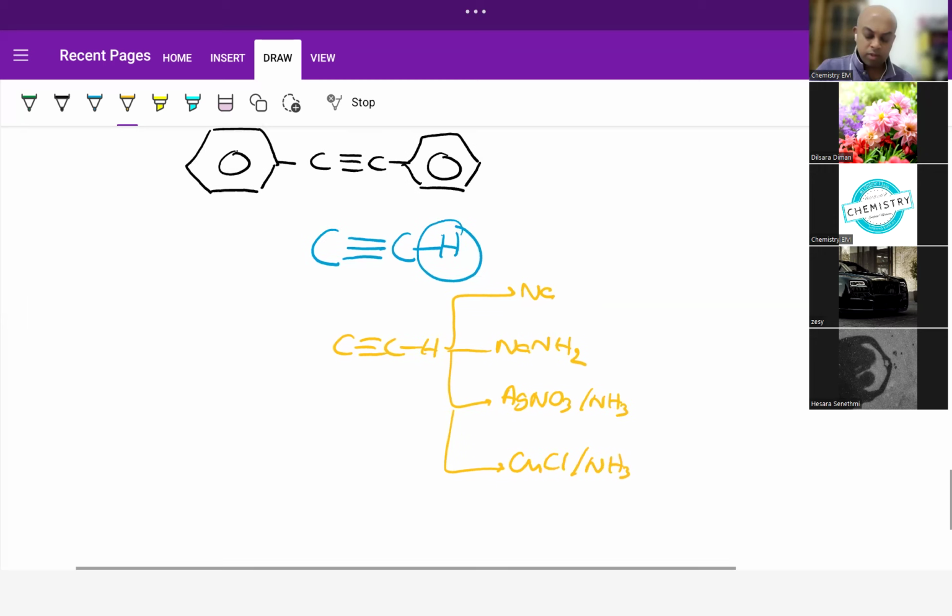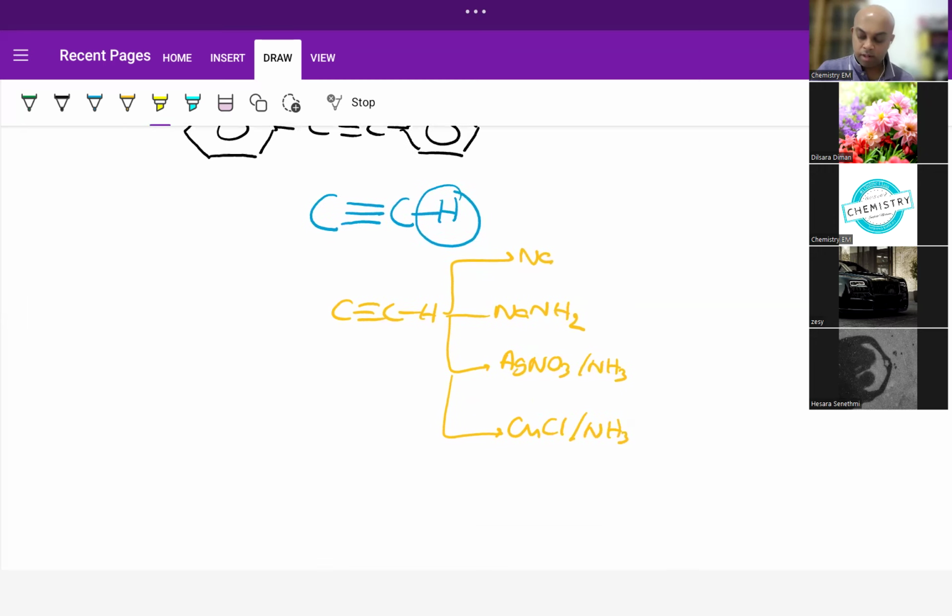Can somebody tell me what is the color of CuCl? I'm trying to improve your recalling power, right? That's why I'm asking questions. Yes, correct. What's the color of CuCl? How about others? CuCl is white in color.